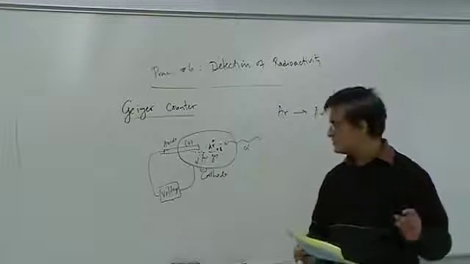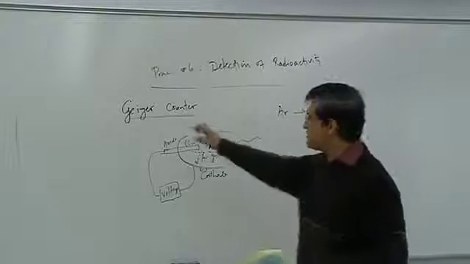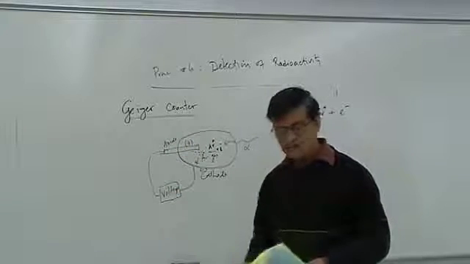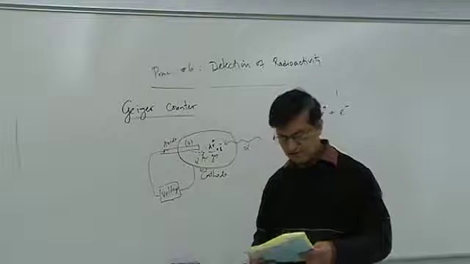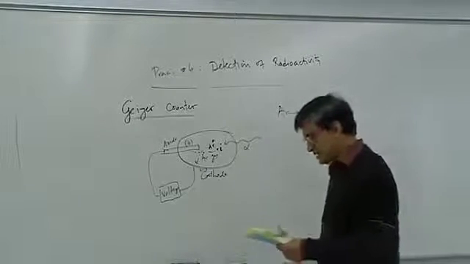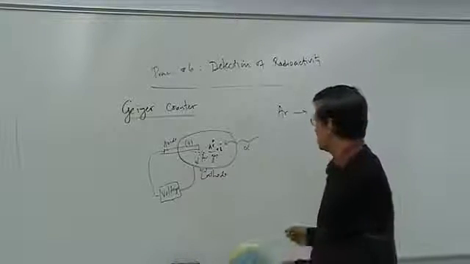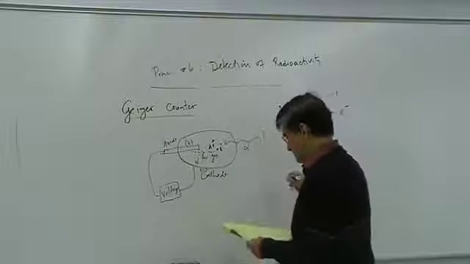So each event of ionization is counted in the Geiger counter. It's a very common counter in recent days. There are other kinds of counters too.